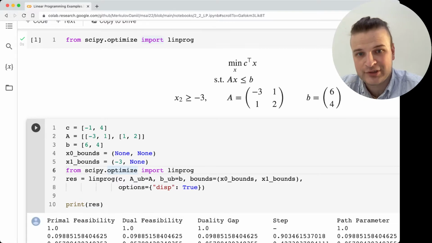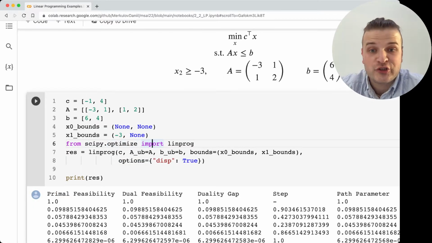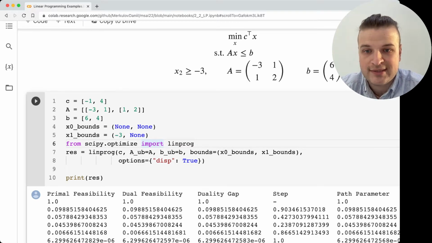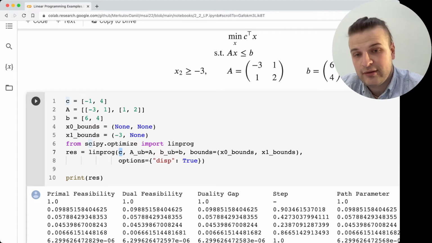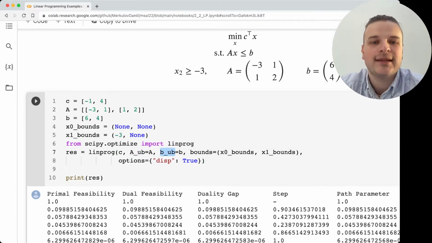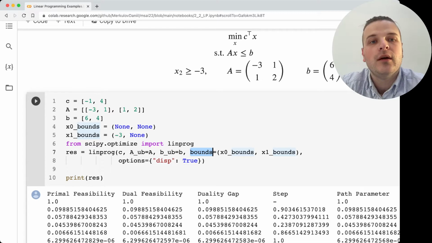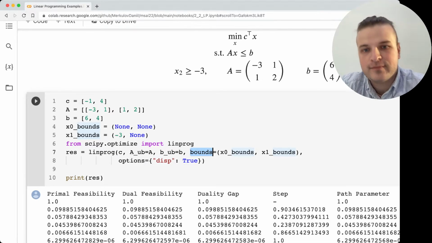We just import the linprog function from scipy.optimize and pass the vector c, our linear function, and arguments such as A upper bound, b upper bound, and explicit bounds on the parameters.